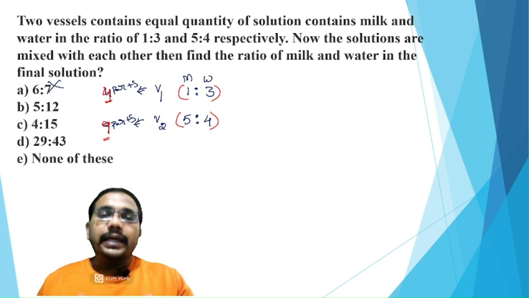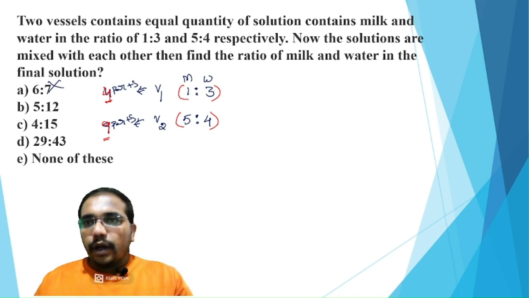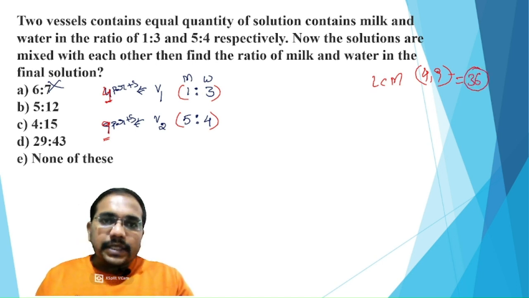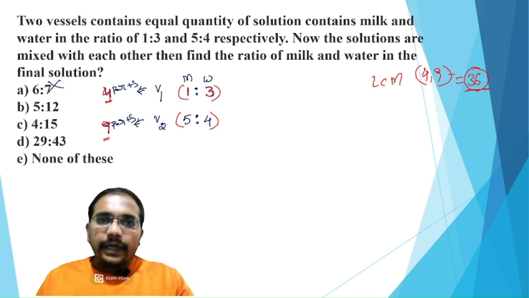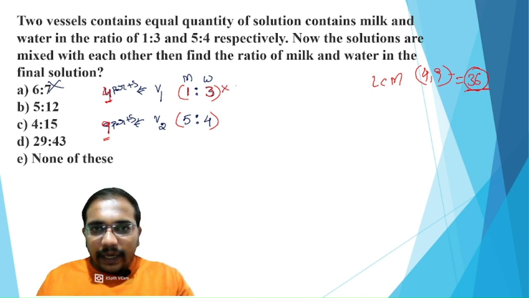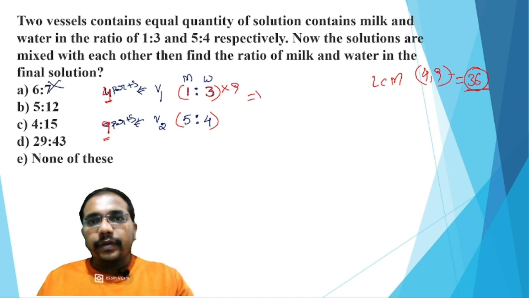You have to make them the same, by using LCM. The LCM of 4 and 9 is 36. So assume the first vessel contains 36 liters. Here it is 4, and I want to make it 36, so I need to multiply by 9.